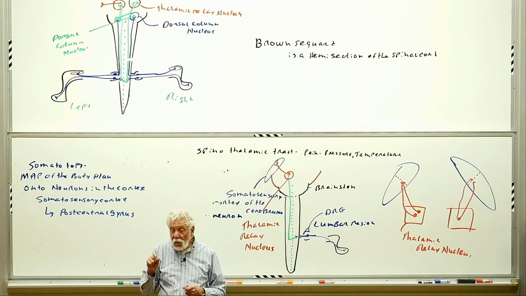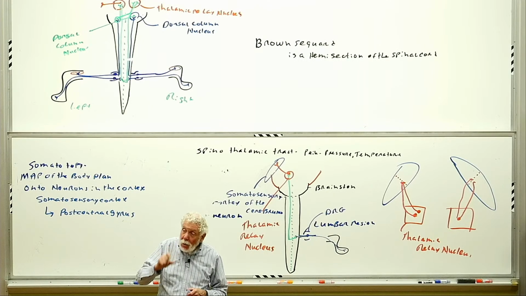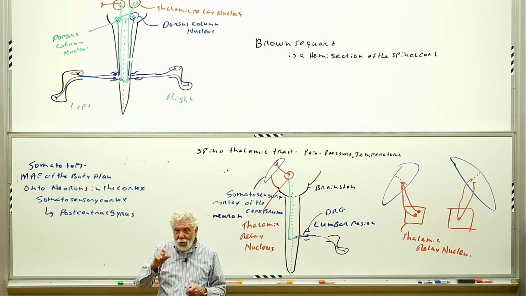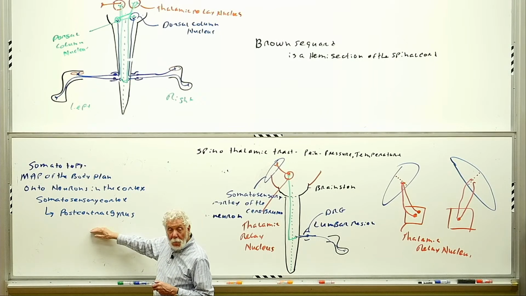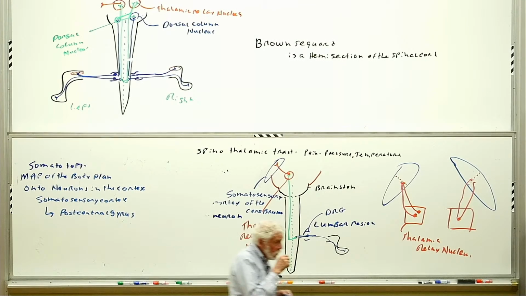What's more, he found that particular regions of the somatosensory cortex could predictably be seen to be responsive to sensory neurons from a particular region of the body, say the face or the hand or the foot. And it was always in the same spot. That led to this idea of somatotopy and the map of the body plan on the surface of the brain, on the cortex. Let me show you a couple of pictures of that.